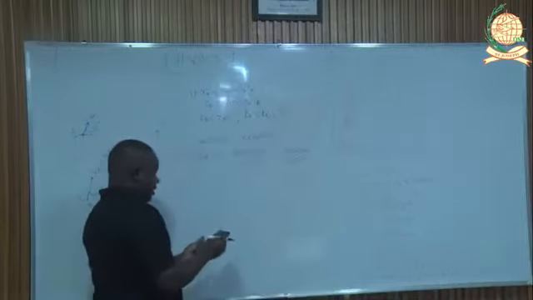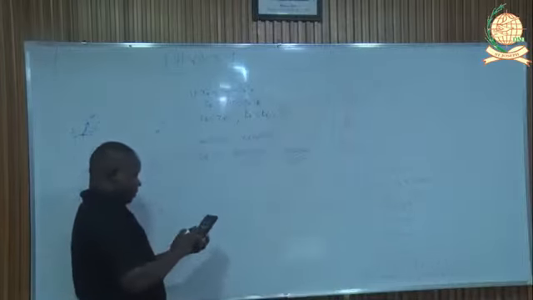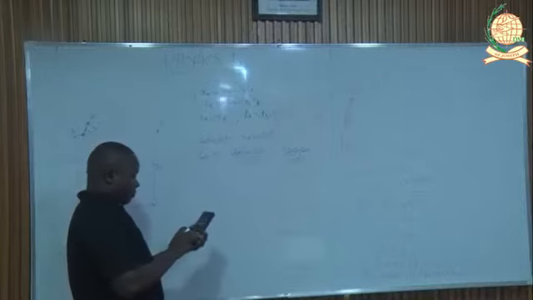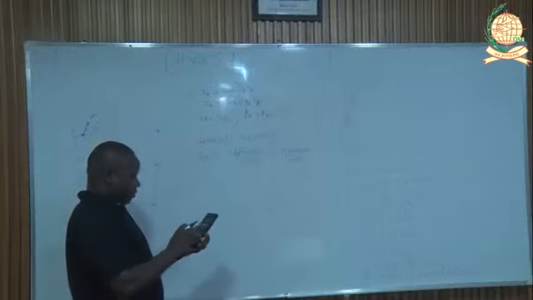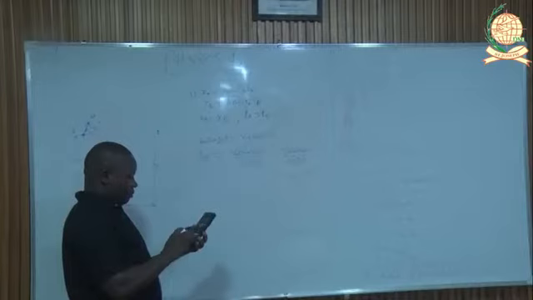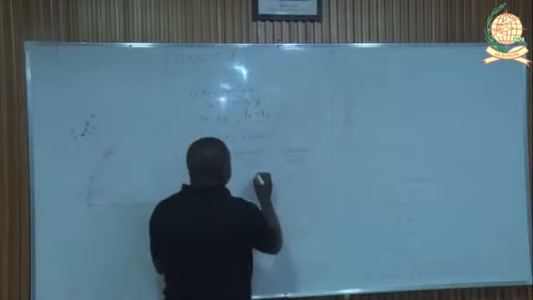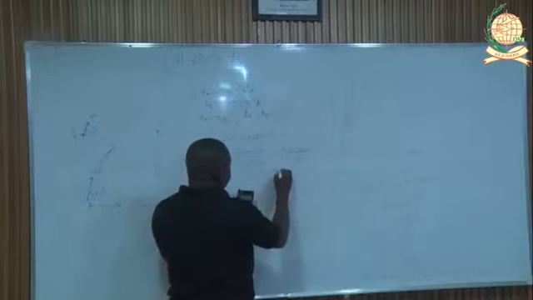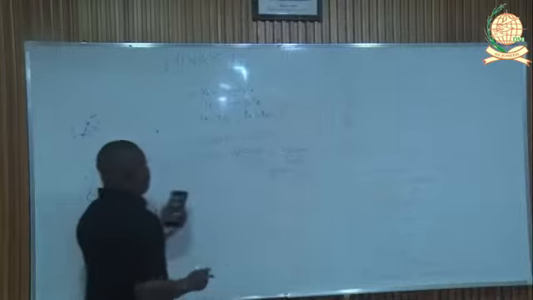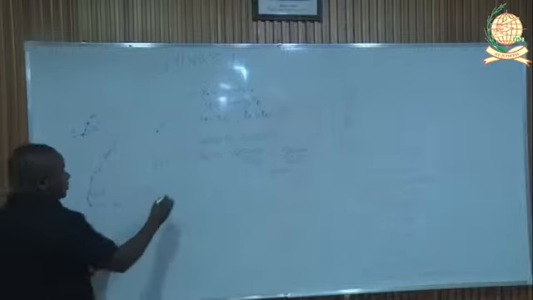From your calculator, you get 17 meter per second. So V naught A is that one.